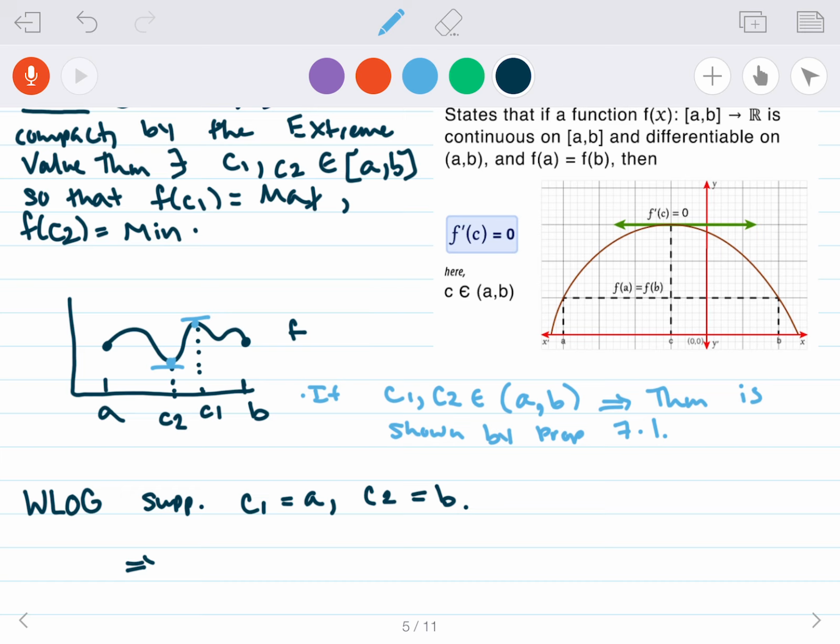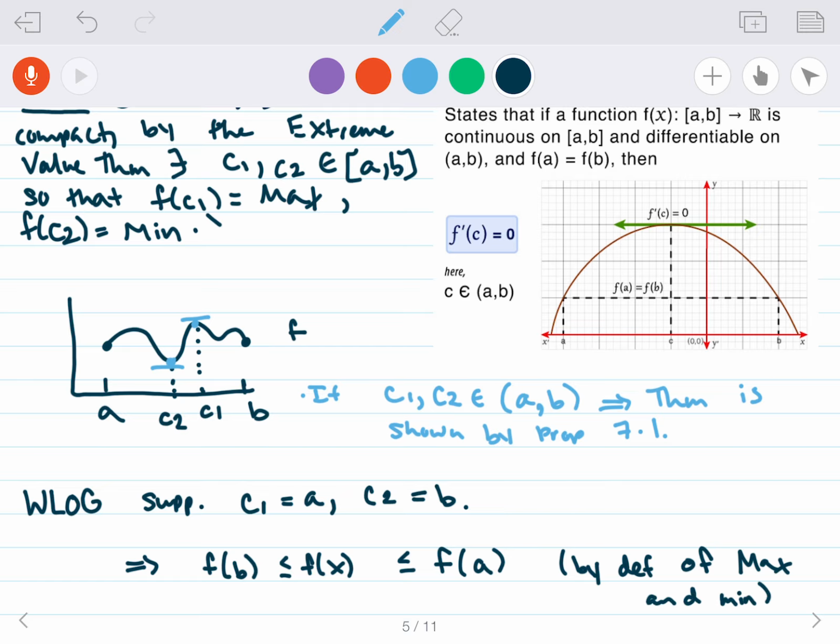This is going to mean that f of x is bigger than or equal to f of b, which is less than or equal to f of a, just by the definition of max and min.